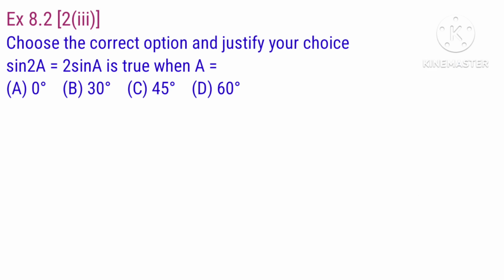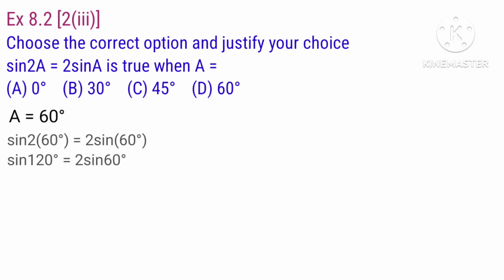Now we have to check with option D, that is A is equal to 60 degree. So when we substitute, we'll get sin 2 into 60 degree is equal to 2 sin 60 degree. That is sin 120 degree is equal to 2 sin 60 degree. So sin 120 we can write in the form of sin of 90 plus 30 degree is equal to 2 sin 60 degree.